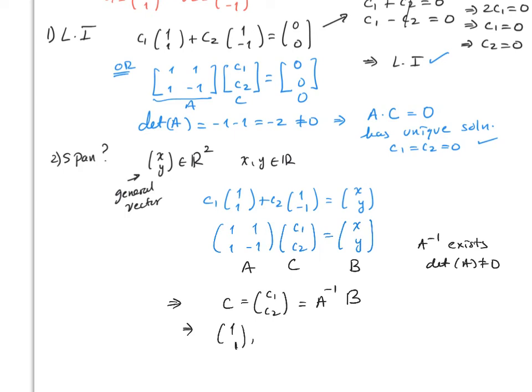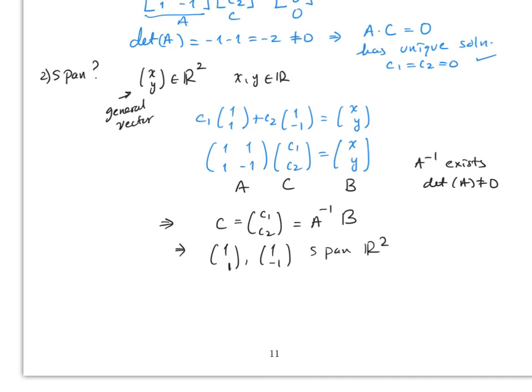That means that the two vectors (1, 1) and (1, -1) span R2, because you can solve this system for any values of x and y. So remember, this one can be any x and y.